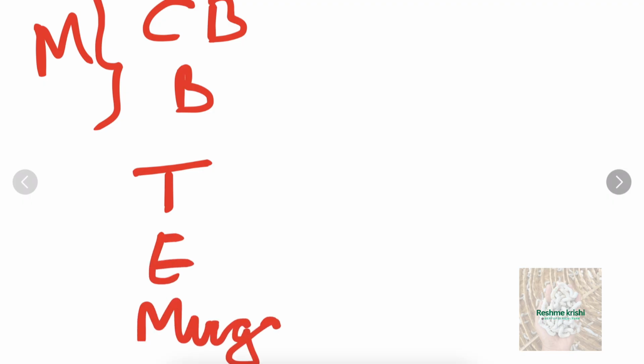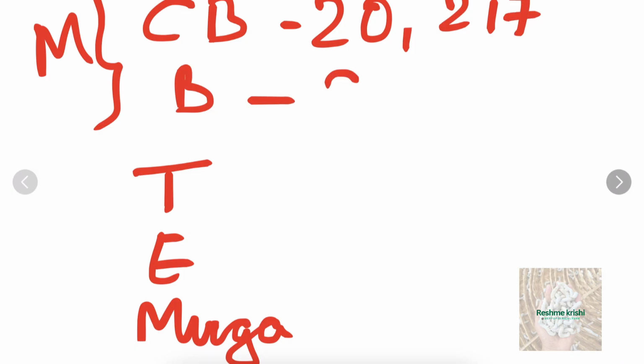Okay, we will discuss now what the current figures are. Crossbreed, bivoltine means it is of mulberry, and Tasar, Eri, Muga. Okay, we will see here. Crossbreed production at present, I mean 23-24, is approximately 20,217. Bivoltine production is at least 9.6 metric tons. These are all in metric tons.